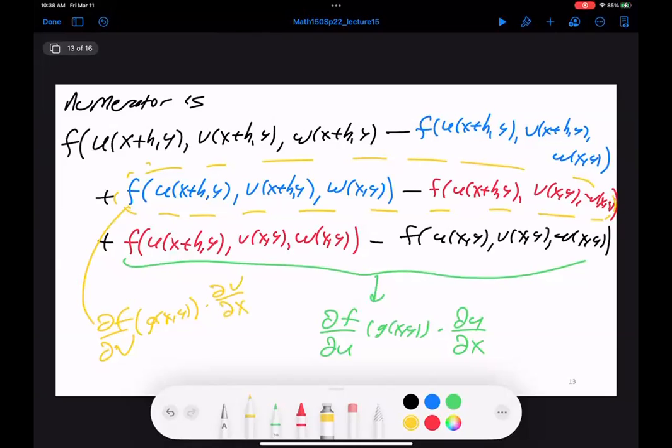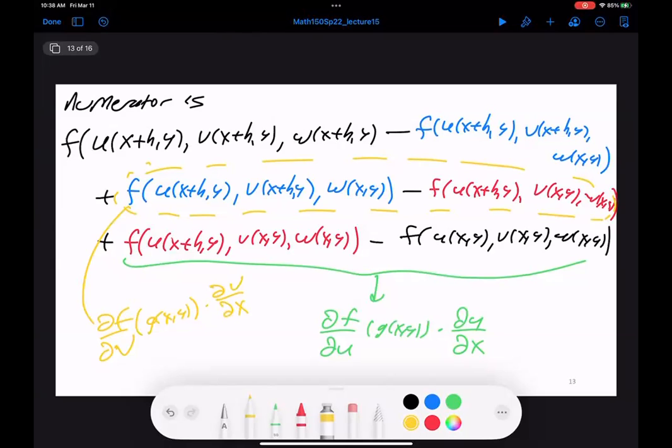Because again, the first and the third components are fixed. There's no change in the first and the third components. So I can really regard it as a function now of just one variable, the middle. And while the middle looks like it involves 2 variables, x and y is fixed. So it's really just my function u is my function g from the one variable g.